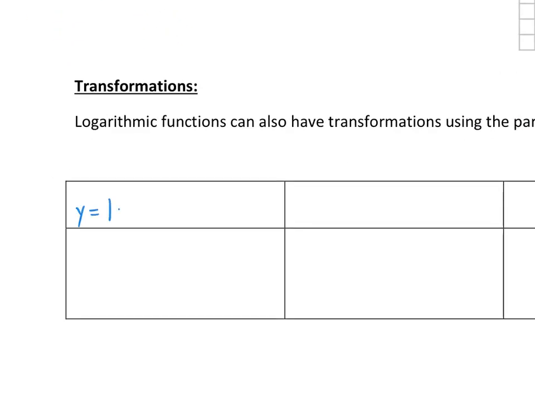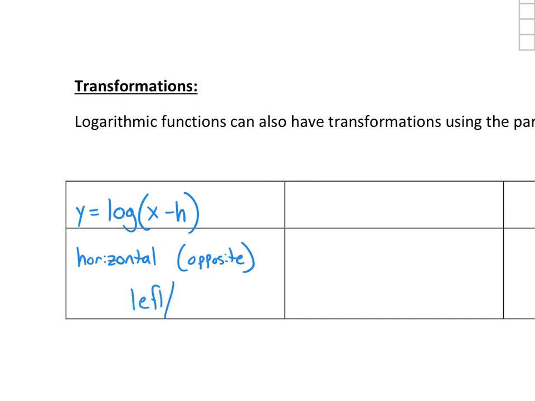If we have some type of h value, h moves us horizontal, but you have to remember that it's going to do the opposite of what you would expect as far as moving left or right.